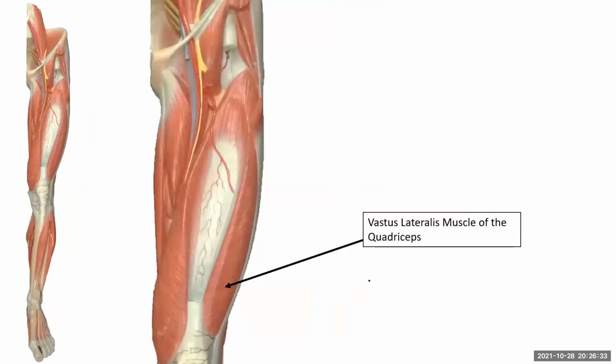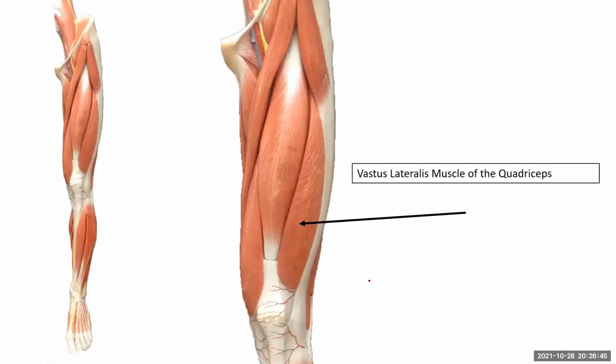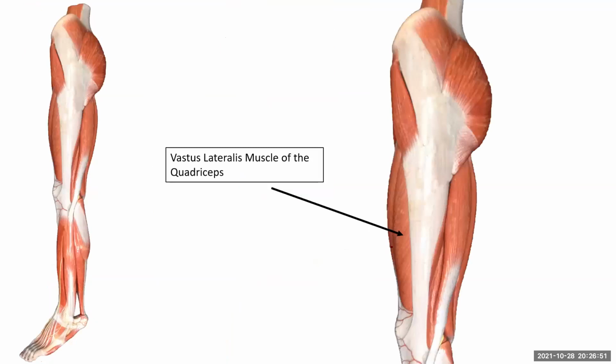Here you can see vastus lateralis. This muscle is going to be in the lateral portion of the anterior region of your thigh. And here it is without rectus femoris. Here it is with rectus femoris. You can see it really nicely from the lateral view here. And so it's going to be in between this red line that I just drew and the iliotibial tract.